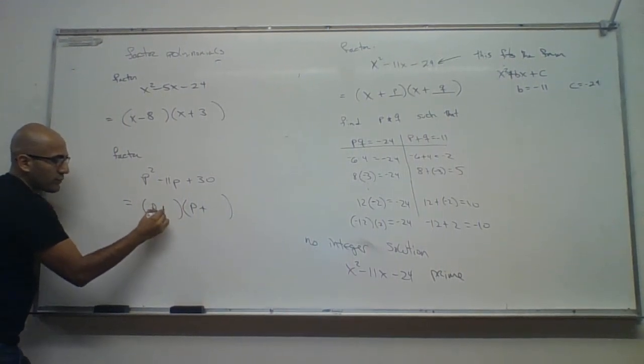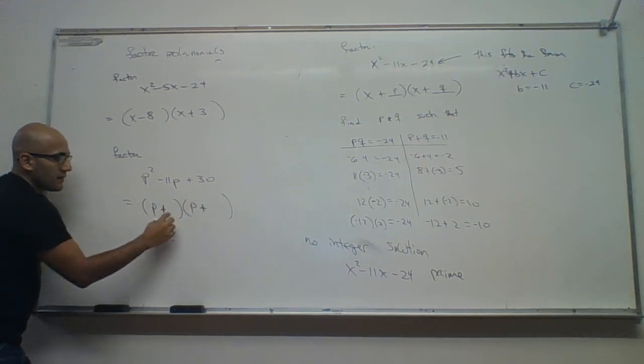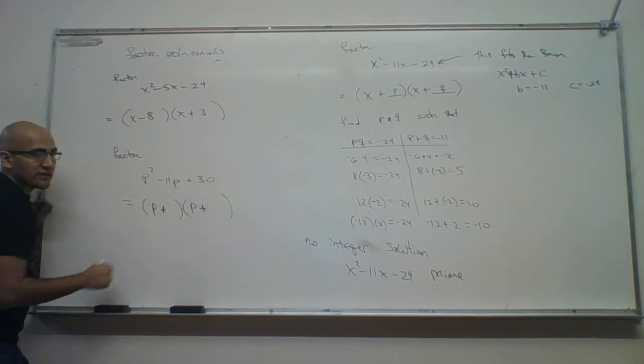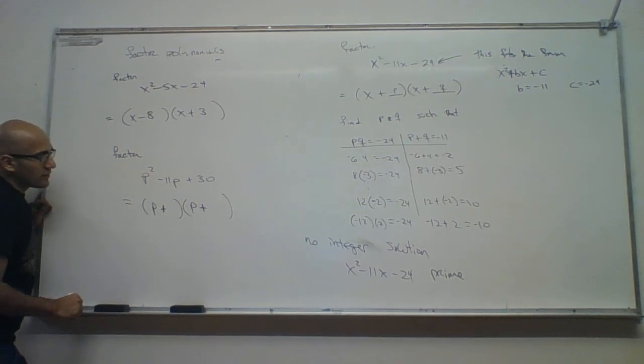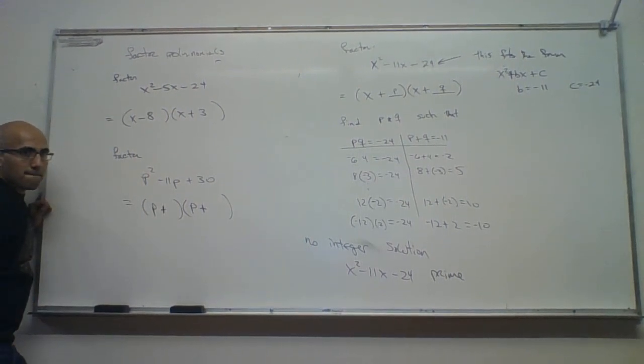Now I always write down pluses in here. That's just me. But I'm open to the possibility that these might be negatives, and then I would change it afterwards. So what am I looking for? Two numbers that add up to negative 11 and multiply to 30. So what are they?